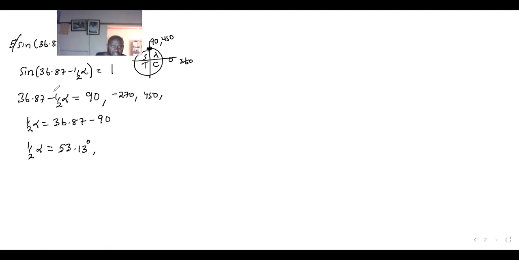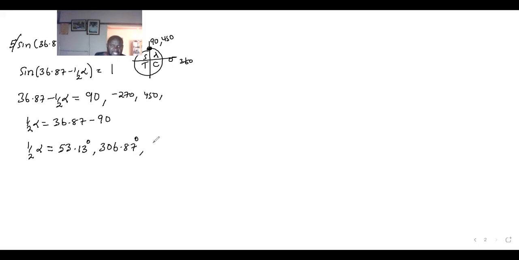When the 270 crosses over, 270 plus 36.87, you get 306.87 positive. Then when 450 enters in there, you'll get 450 minus 36.87. 36.87 has a balance of 13.13.